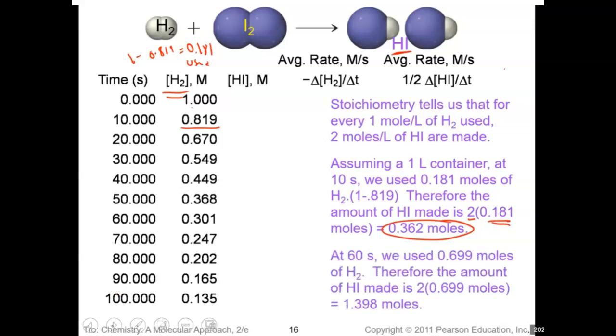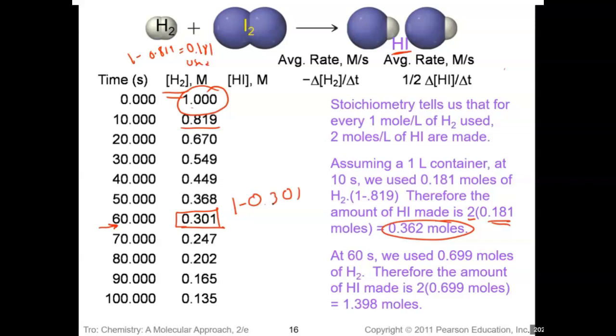At 60 seconds, so if we look down here, you're going to see when we do this in lab, we're going to measure the change in the disappearance of one, and that should be exactly the same as the change in the appearance of the other. So we only have 0.301 moles of H2, but we started with 1. So that means we have 1 minus 0.301 moles.